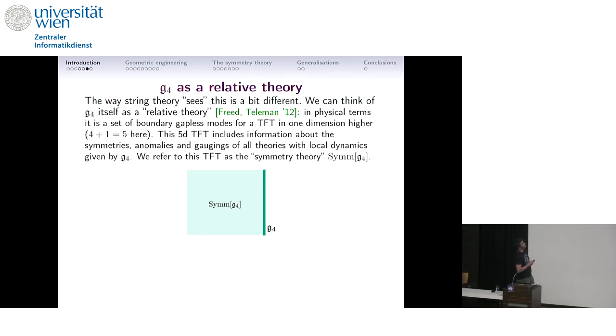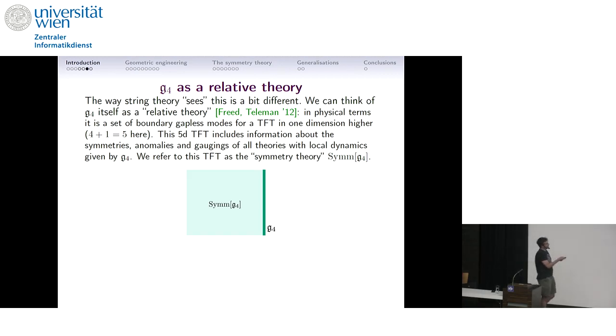We'll think of G4 itself, so the theory that only includes the local data, as a relative theory. Freed and Teleman introduced this language and did a beautiful analysis of this topic. So in physical terms, what you really have is a 5D theory on a semi-infinite interval, and your G4 lives on a boundary. But it's not quite a 4-dimensional theory yet. It's a 5-dimensional theory on a boundary.